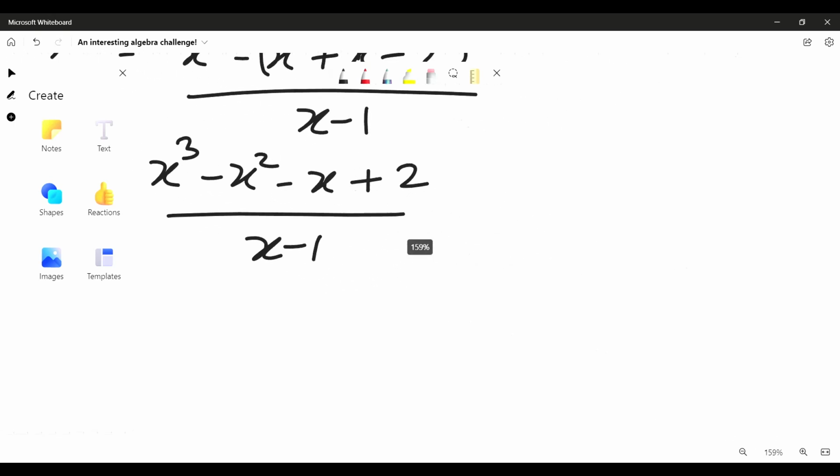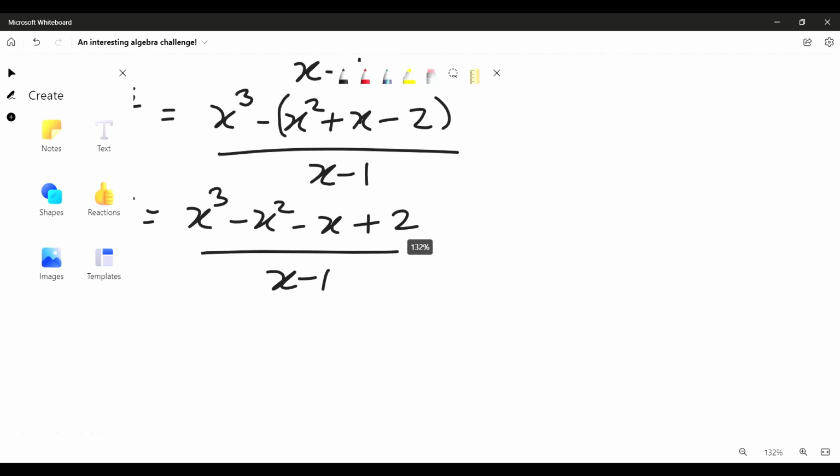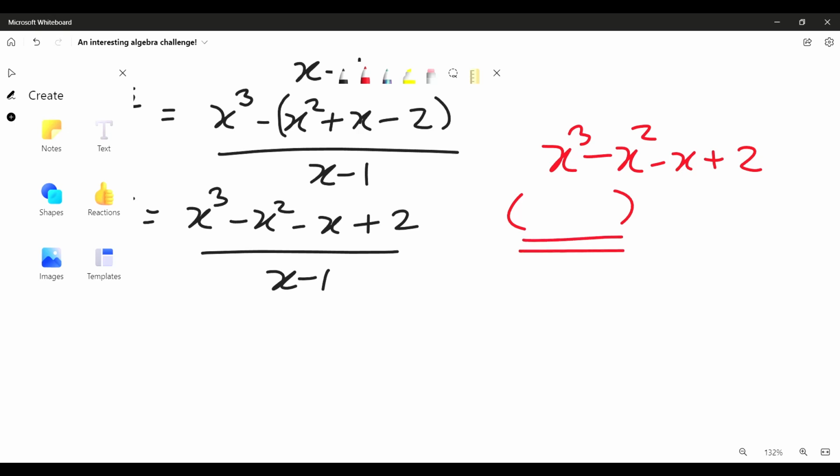If I can express x cubed minus x squared minus x plus 2 as some multiple of this x minus 1 term plus some constant remainder, then I would be in a better position to square this out quickly.